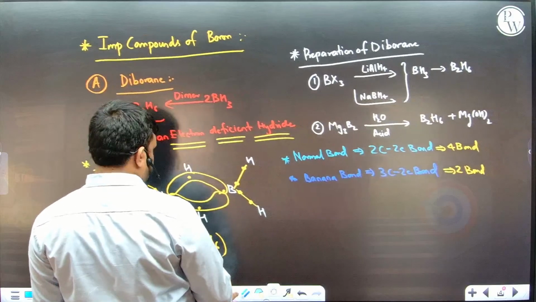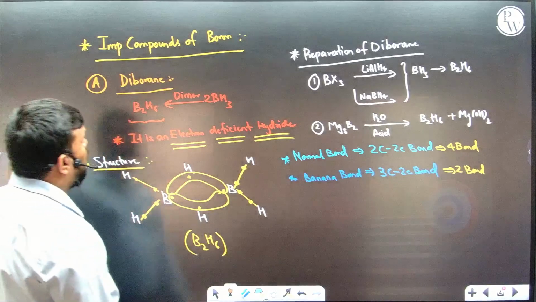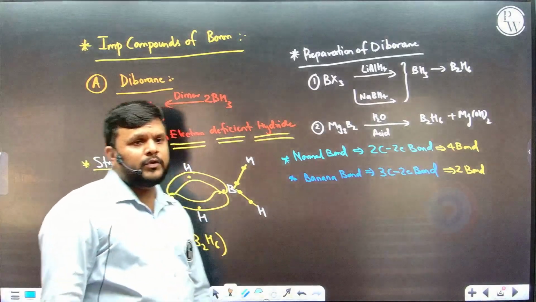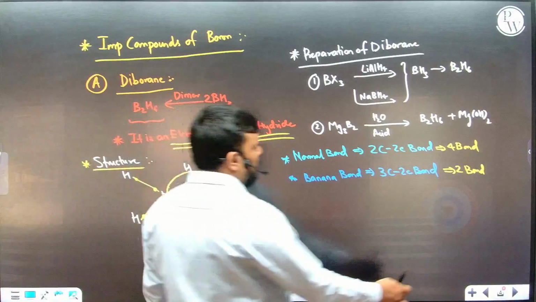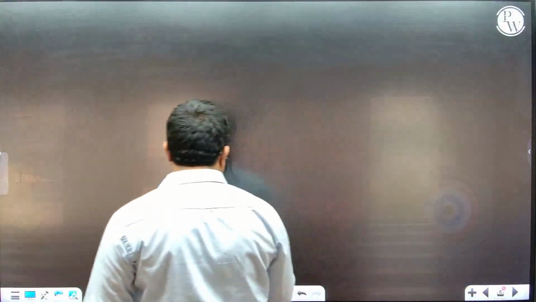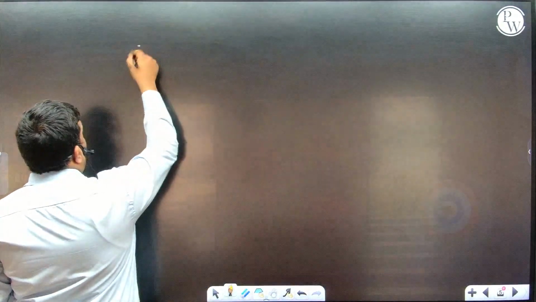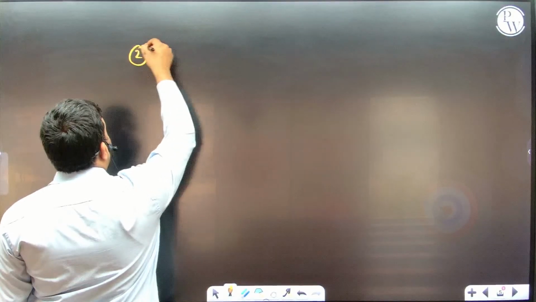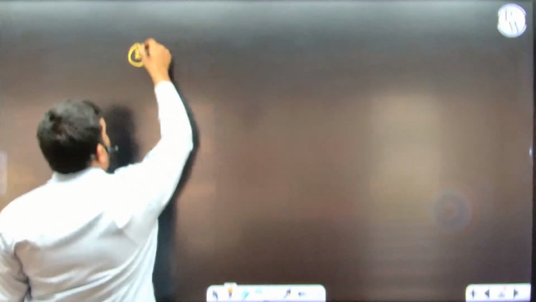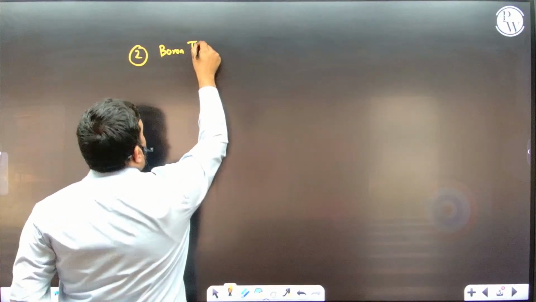Okay. So this was all about the first important compound of boron, that is diborane. We saw the structure over here and also the preparation method. Now let us see the next important compound of boron, that is boron trihalides.